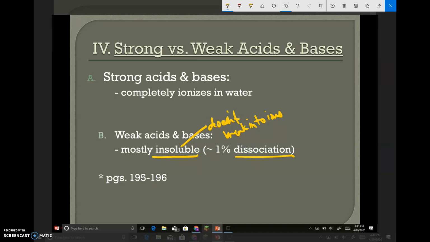The only difference between the words disassociate and ionize is the type of compound. Just kidding. Disassociate, this is always so weird, deals with an ionic compound. Sorry about that. And ionize deals with a polar compound.